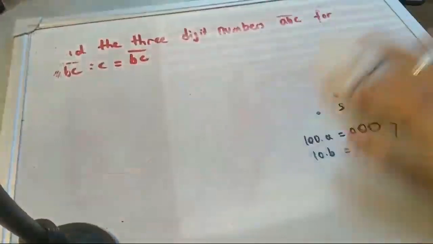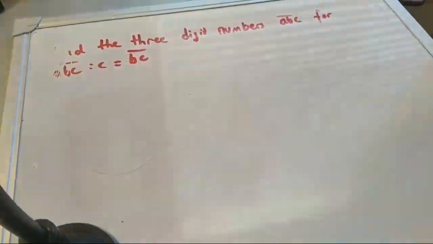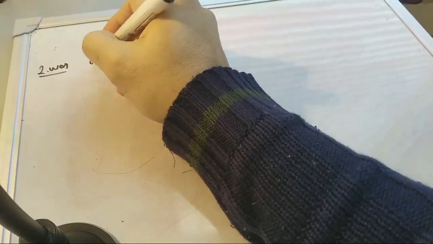The second way is more practical. Anyway, let me clean everything here. I don't need a space. Okay, the second way. ABC divided by C is BC.